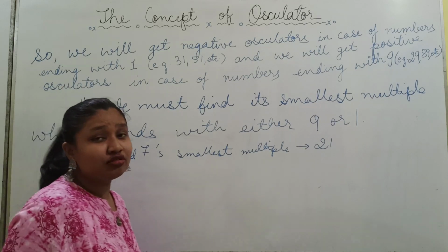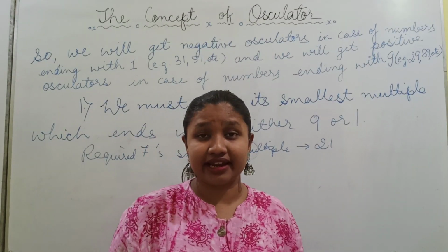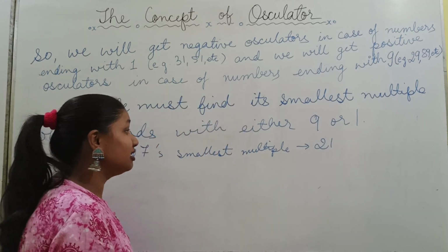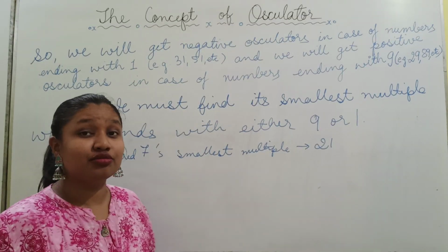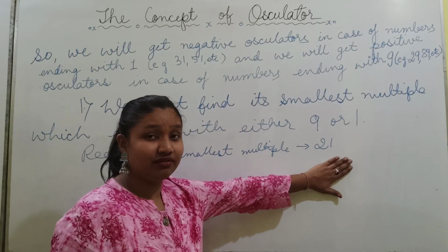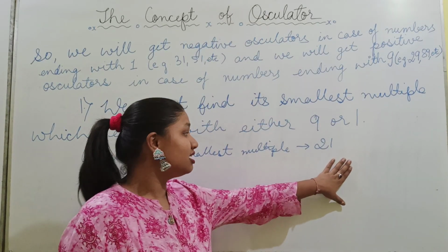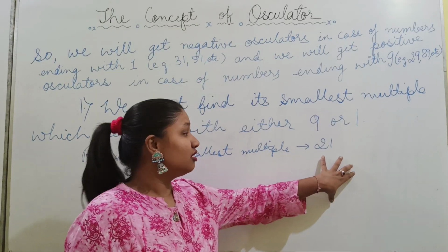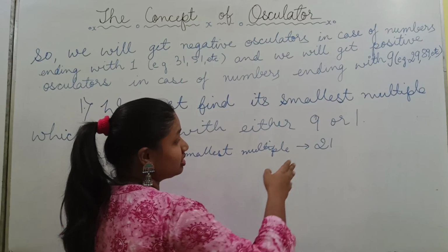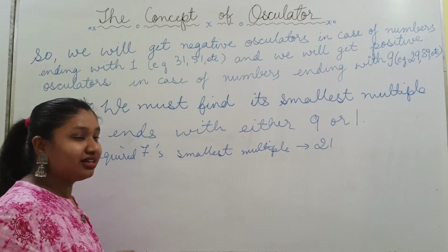As we also have 7 sevens are 49 and 49 does end with 9, but 49 isn't the smallest multiple. So we have to consider 21 as it is smaller than 49 and we don't have any smaller multiple which ends with either 1 or 9.